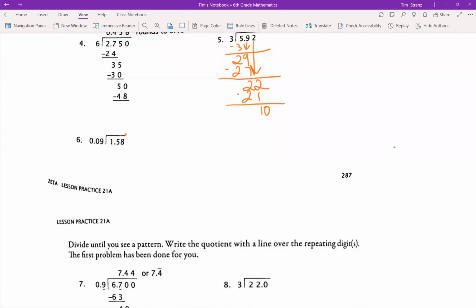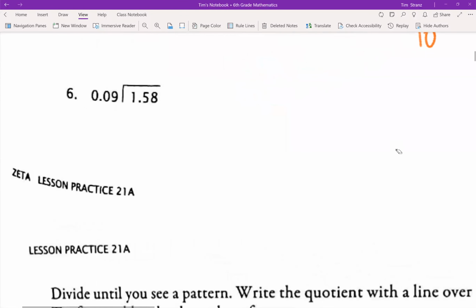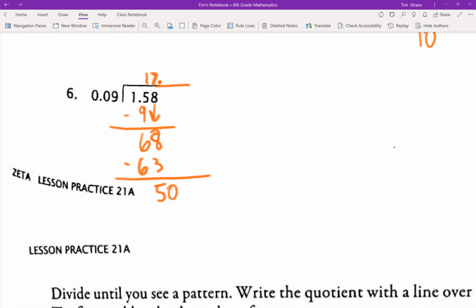Let's look at number 6. I'm going to make this a whole number by moving it over twice. So I need to move that over twice. So there is my new decimal point. 9 goes into 15 only 1 time. Bring down my 8. 9 goes into 68 7 times, which is 63. 9 goes into 50 5 times, which is 45.